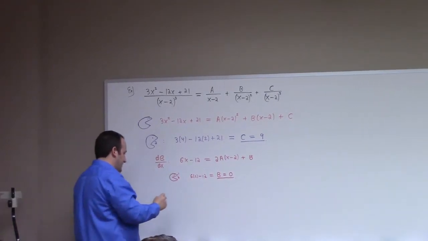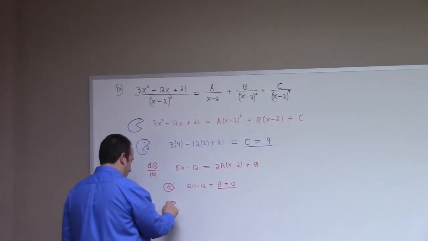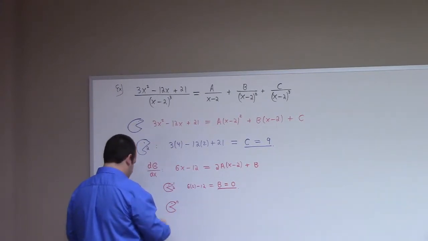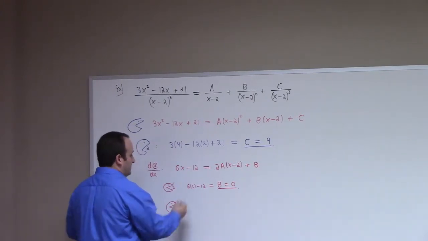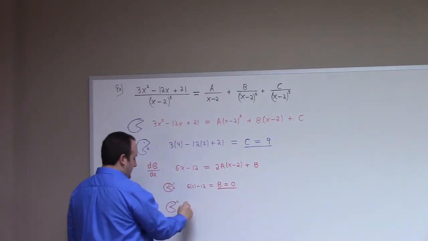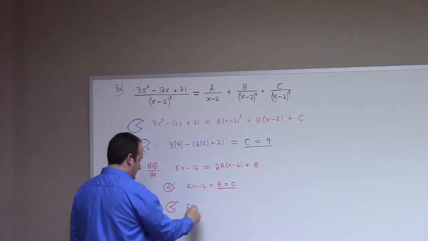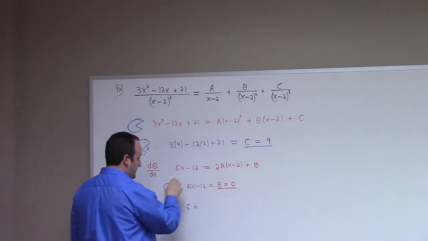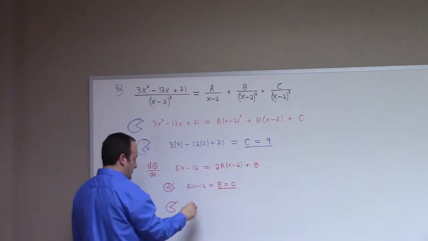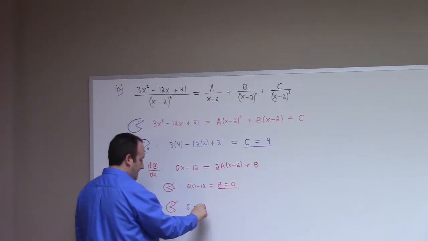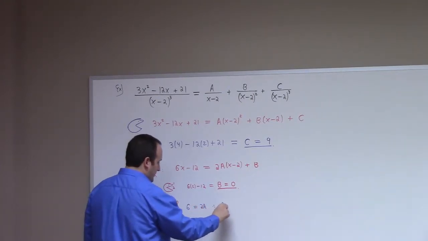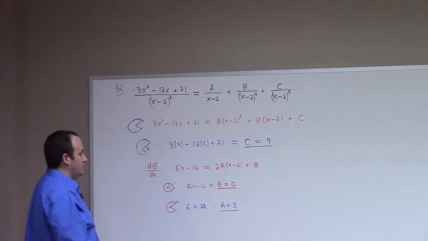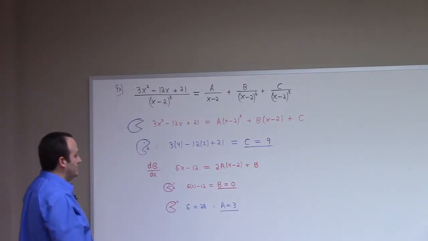What happens if we look at Pac-Man prime prime? Six equals what? Differentiating, we get just 2a. So therefore a is equal to 3. And there you have it.